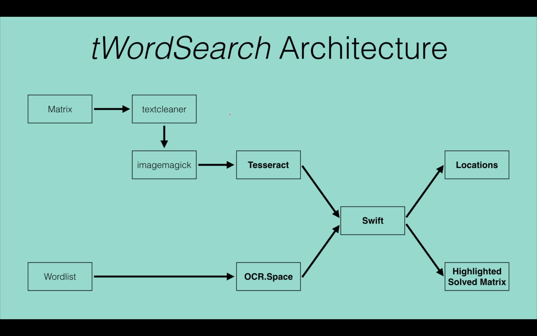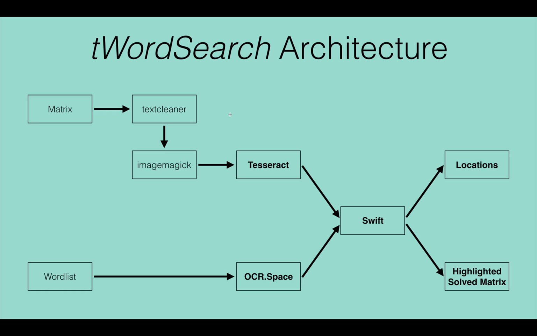Once that is done, then we will take our word list and send it to the OCR.Space API through Python, and the OCR.Space API will return all the words in the word list and will output them to a file as well. Once we've got all of that information from Tesseract and OCR.Space, we then take that and initiate the Swift engine, and Swift is then going to run the algorithm by John O'Hagan, and of course implemented by me in Swift, as well as a few more extensions from others.